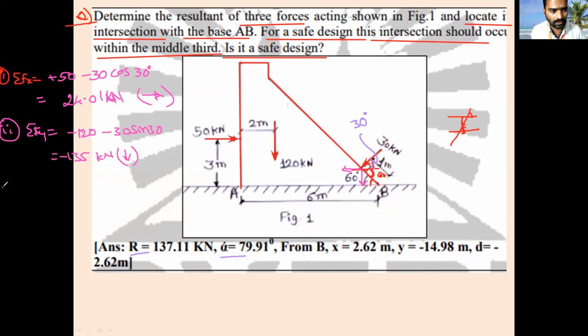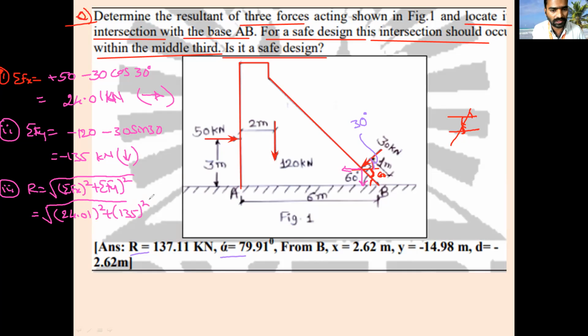Then calculate the resultant value. R is equal to the square root of sigma Fx squared plus sigma Fy squared. That is equal to the square root of 24.01 squared plus 135 squared.